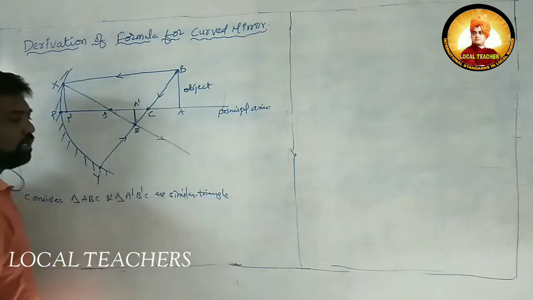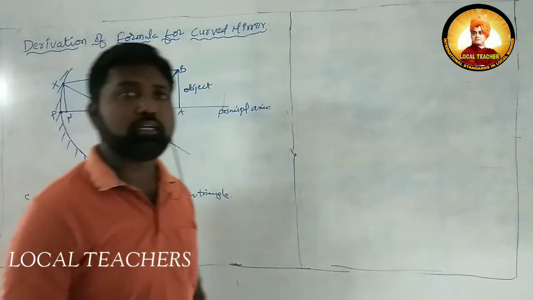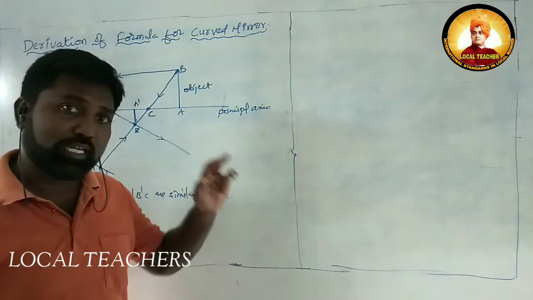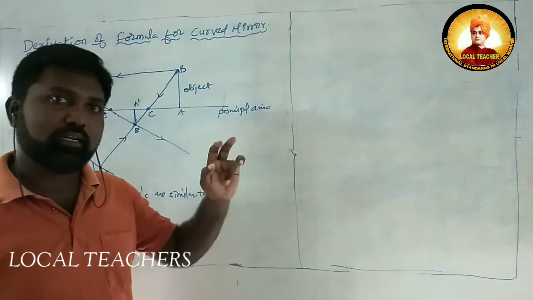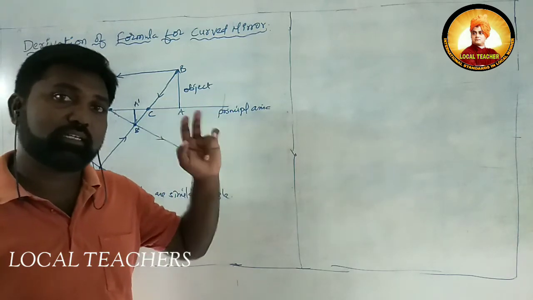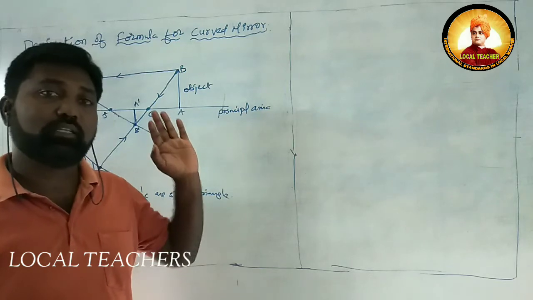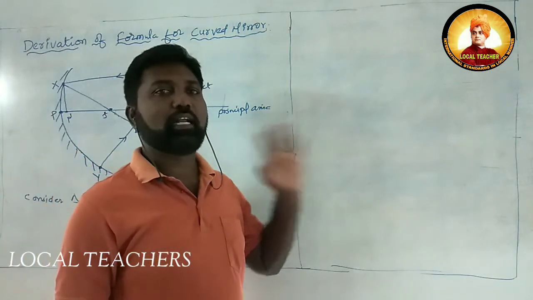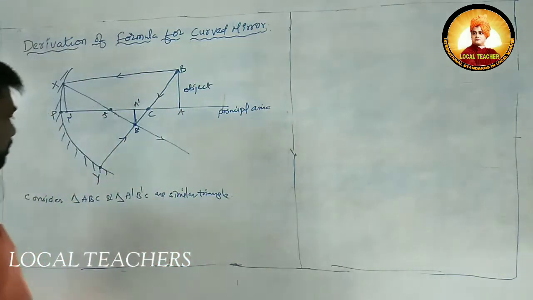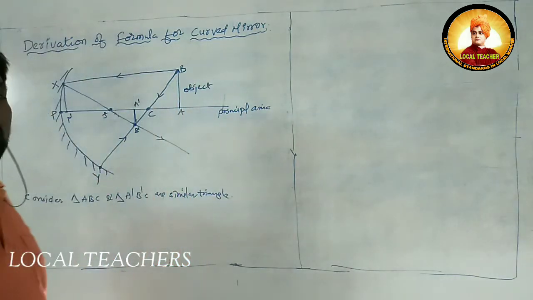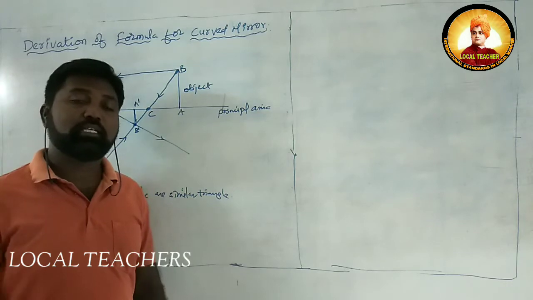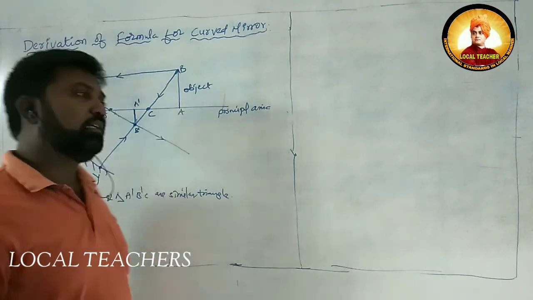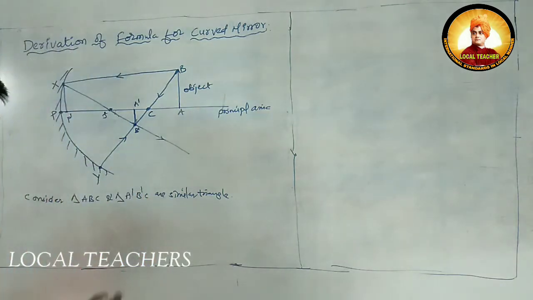Which triangles are we calling similar? Those in which the corresponding angles are congruent and corresponding sides are proportionate. That type of triangles are called similar triangles. So here triangle ABC and triangle A dash B dash C are similar triangles. By that we can write here.